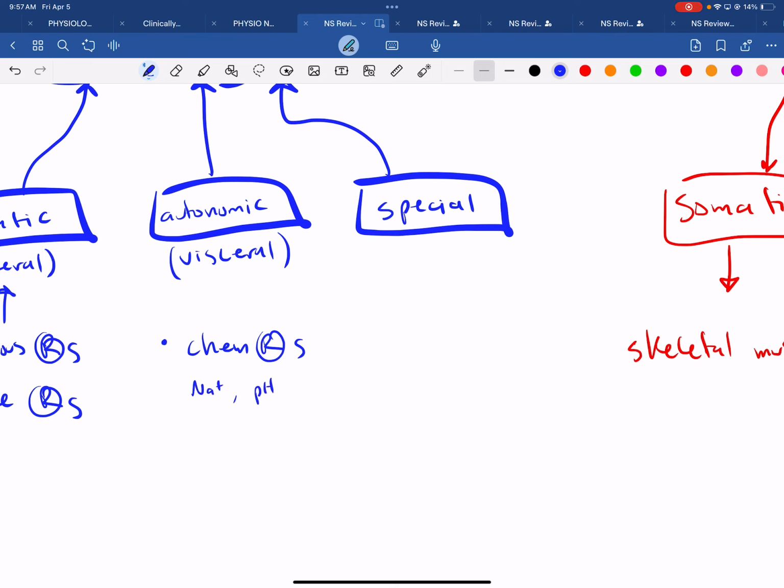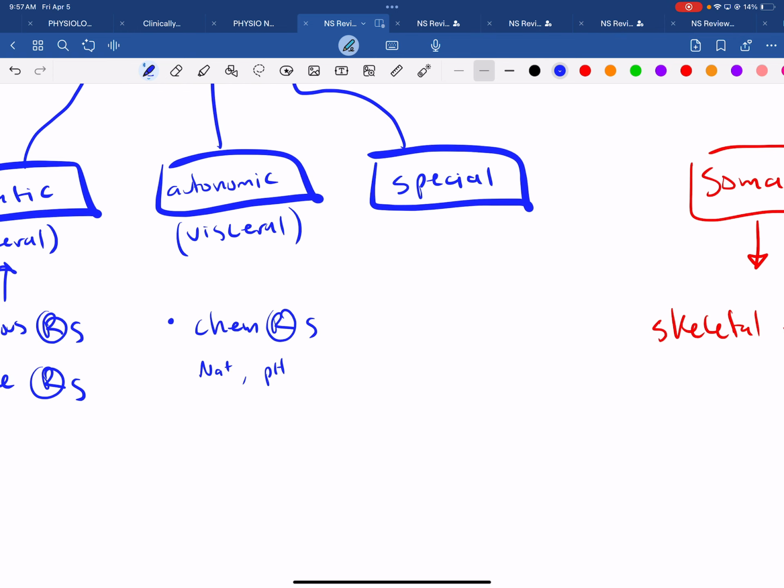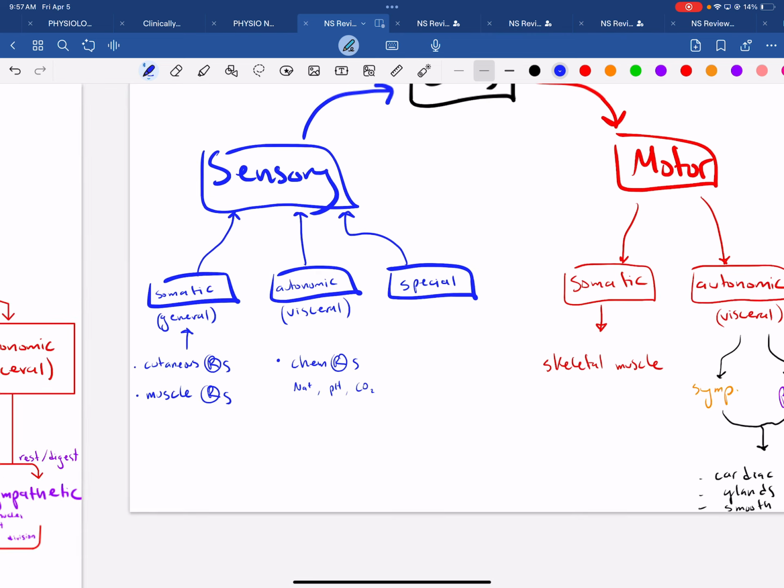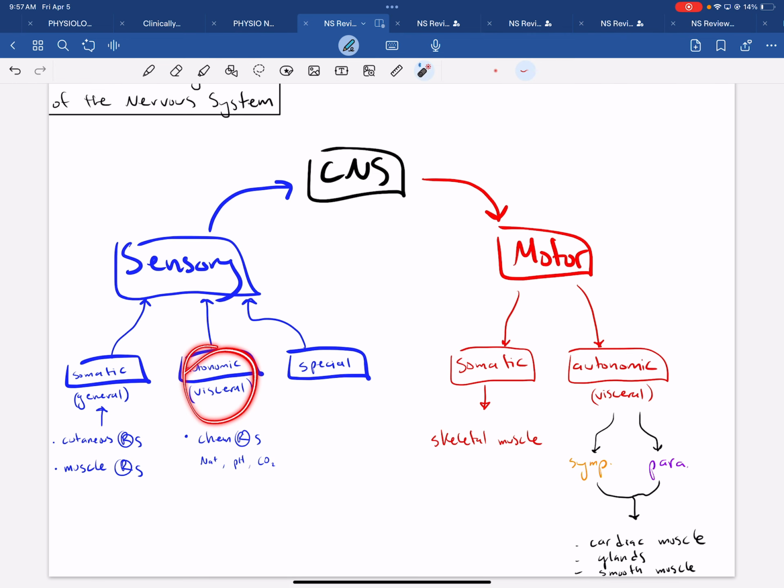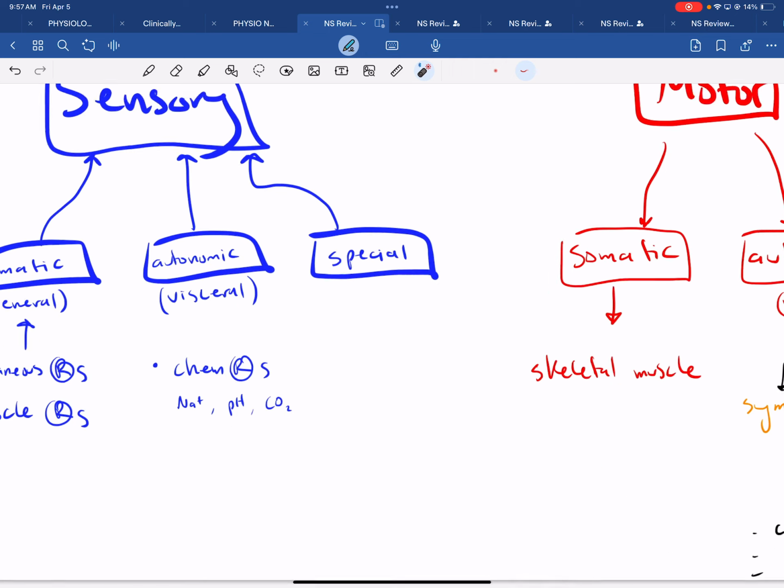The pH of your blood needs to be very regulated, otherwise proteins can denature. Carbon dioxide concentration controls your rate of ventilation. All of this is considered visceral sensory information that you're not aware of most of the time.